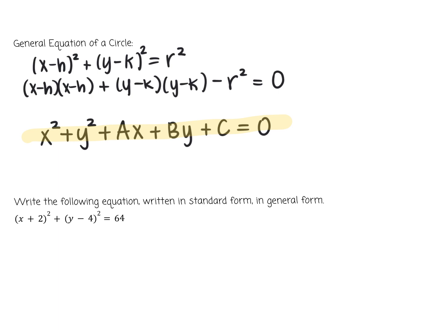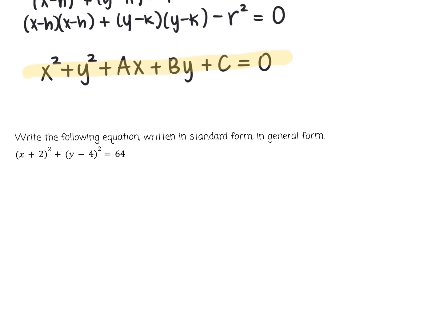A more common type of problem would be, given general form, convert it to standard form, which is also something we're going to look at. So I have my equation, (x plus 2) squared plus (y minus 4) squared equals 64. The first thing I need to do is expand my (x plus 2) squared and my (y minus 4) squared.